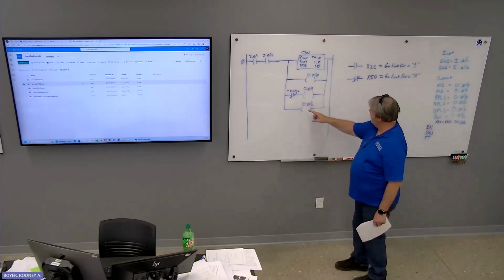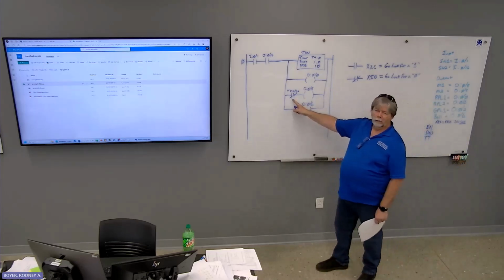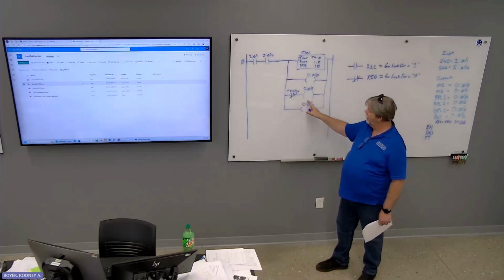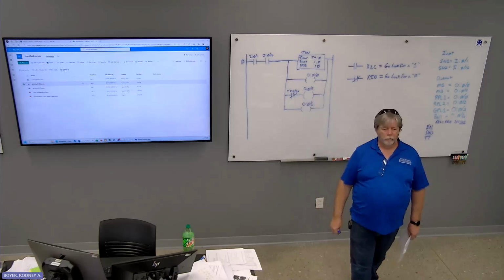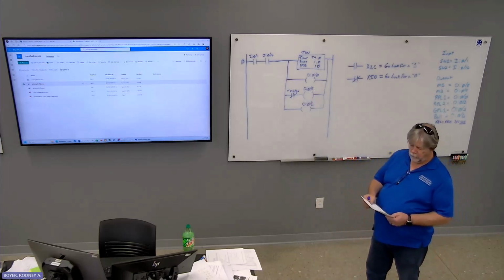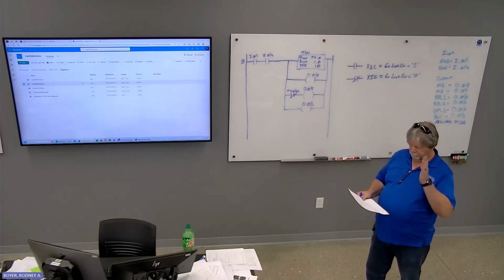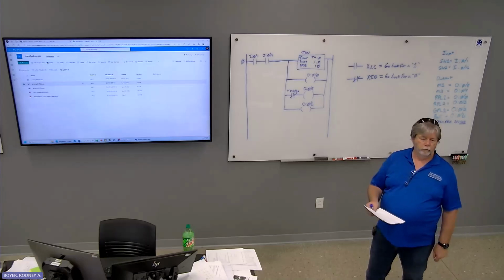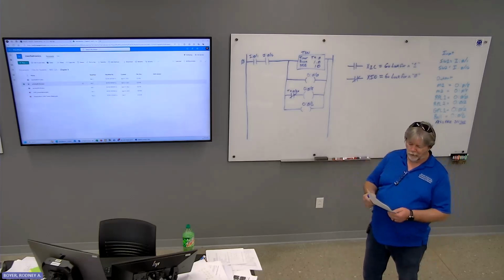Go look for a zero, find a one. This now evaluates as false. Motor turns off. So after 10 seconds, accumulated equals preset, motor 1 stops. Done bit sets, XIO evaluates as false, motor turns off. Okay?